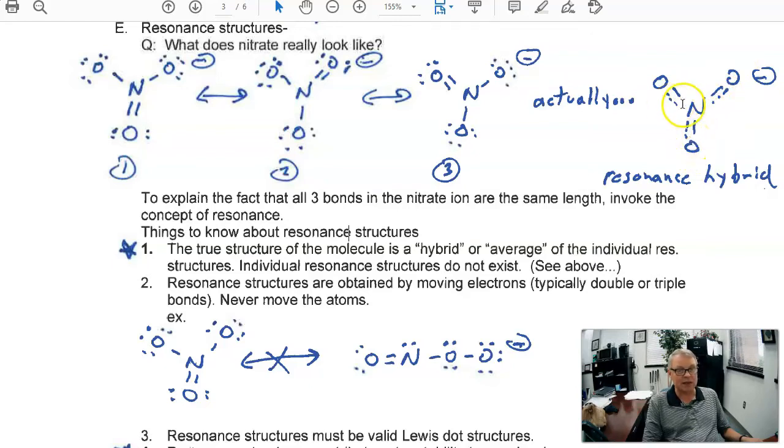You would expect these bonds to be exactly the same length and exactly the same strength, right? And they would be longer and weaker than your average nitrogen-oxygen double bond, but they would be shorter and stronger than your average nitrogen-oxygen single bond. Would they be closer to a single bond? Would they be closer to a double bond, or would they be exactly halfway in between?